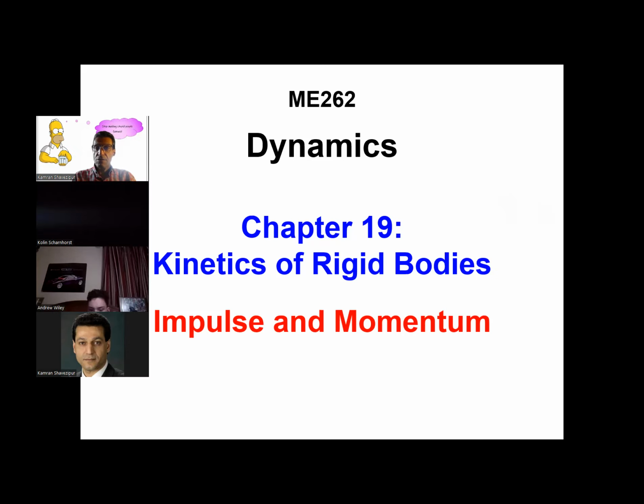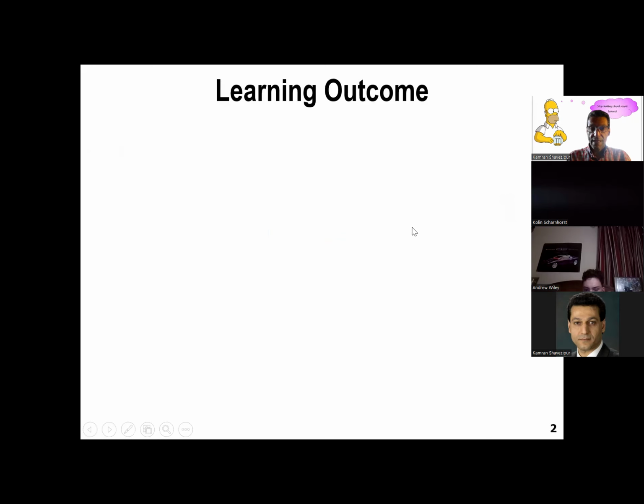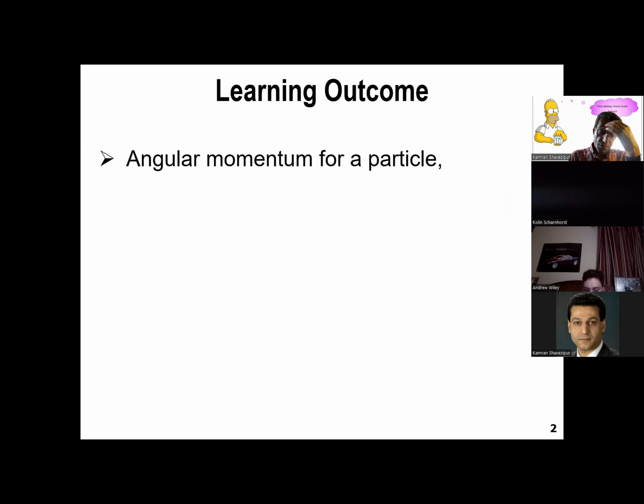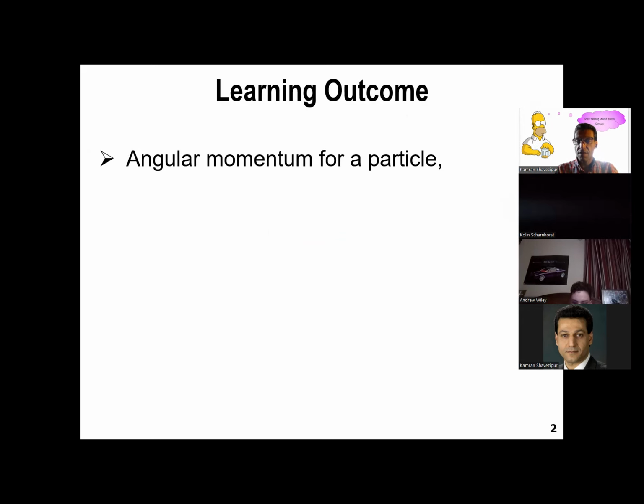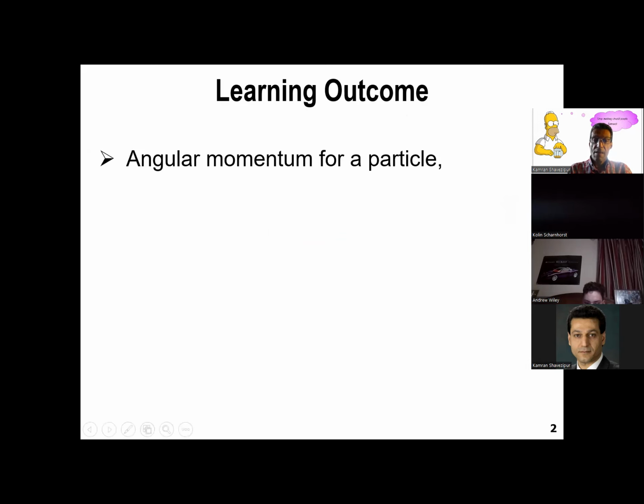Now, with that kind of brief introduction, we're going to talk about angular momentum of a particle. This is kind of new for a particle because we did not have an angular term for kinetic energy or for work for particles, but now you'll see the way we define angular momentum, you can define it for a particle.